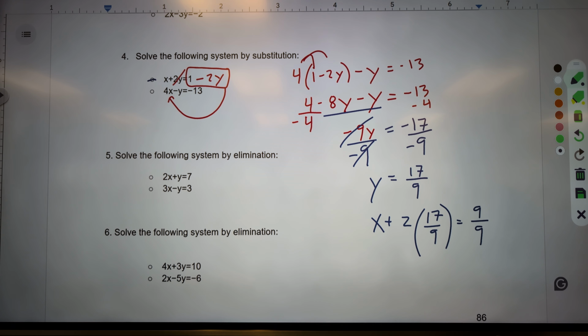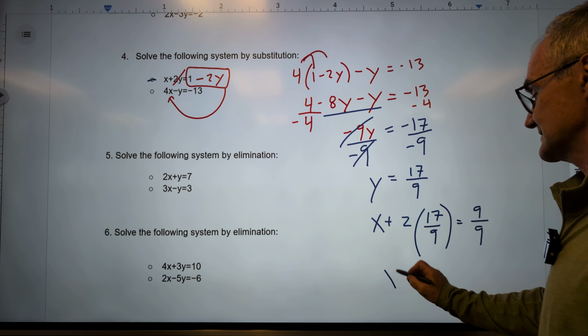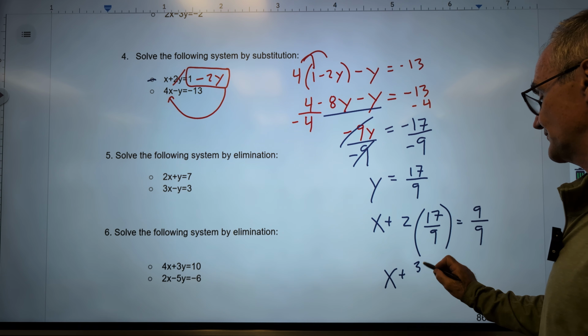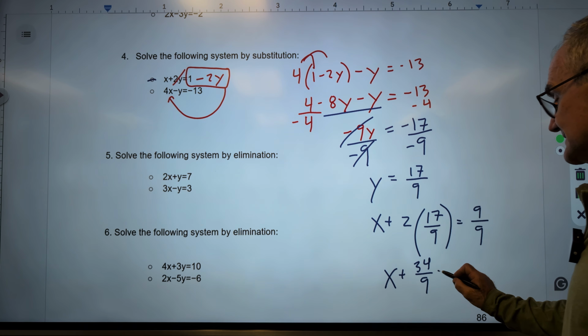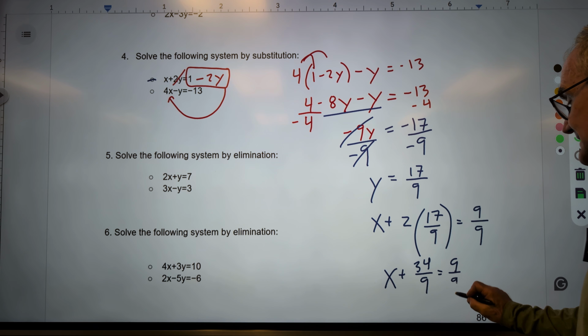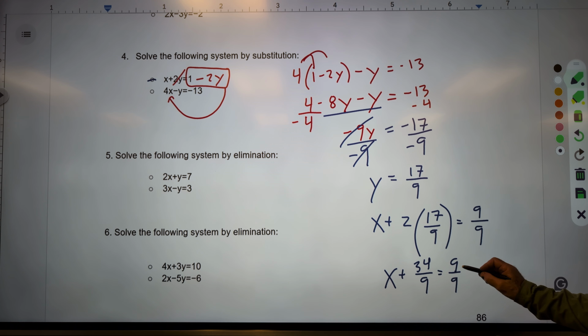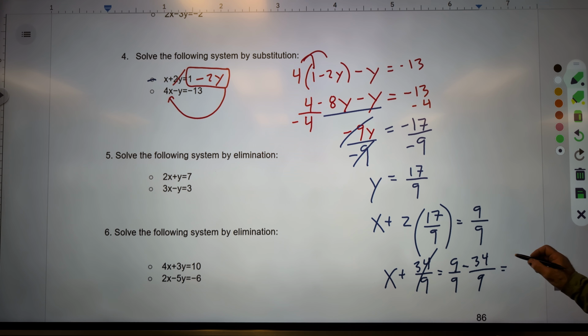That's my 1. Here I have x plus 34 ninths equals 9 ninths. Subtract 34 ninths from both sides. That'll cancel. And I have 9 ninths minus 34 ninths is negative 25 ninths.